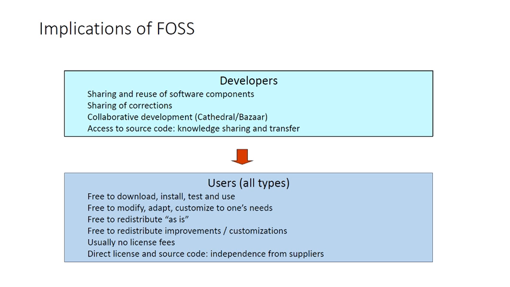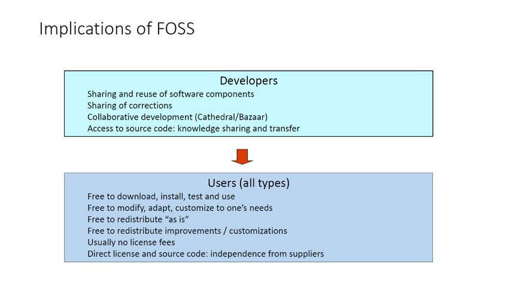Okay, so the implications of this is obviously that developers can share and reuse software components. There's a high element of transparency and visibility on corrections, as you know that all the bugzillas and bugs can be seen in the different projects, and different people can work on those bugs. And development is very collaborative and heterogeneous.